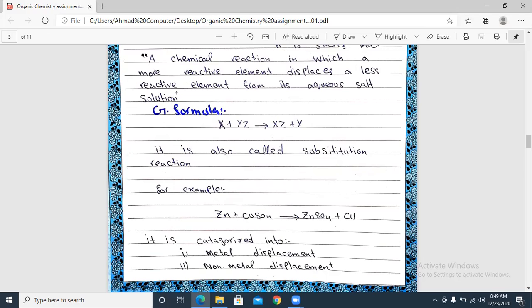For example, zinc reacts with copper sulfate to form zinc sulfate plus copper. It is also categorized into metal displacement and non-metal displacement.